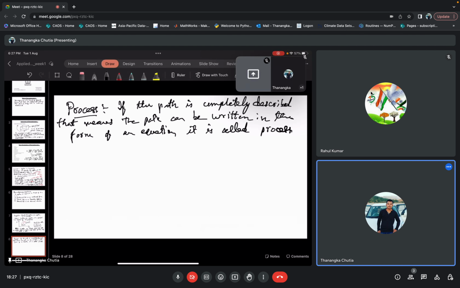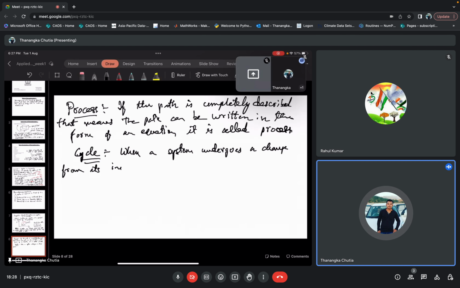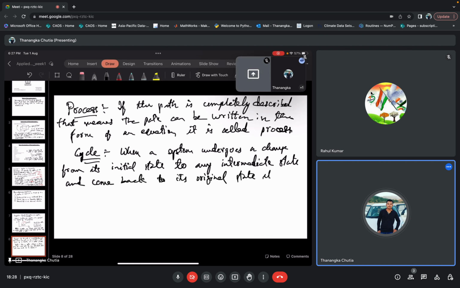Next is cycle. When a system undergoes a change from its initial state to any intermediate stage and comes back to its original state, it is called a thermodynamic cycle.